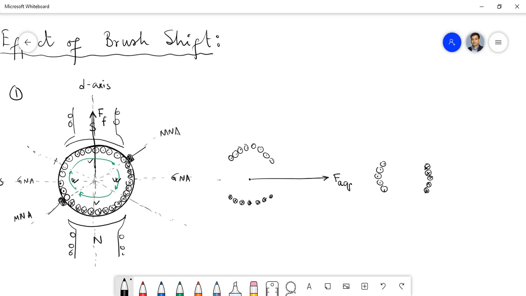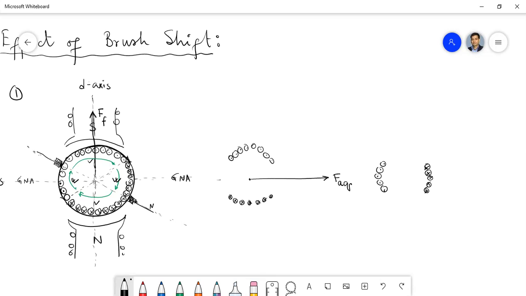So that means the brush position should be placed here, isn't it? Yes, sir. The brush position should be placed here according to the current direction. So I have to erase this and redraw it. No issue.